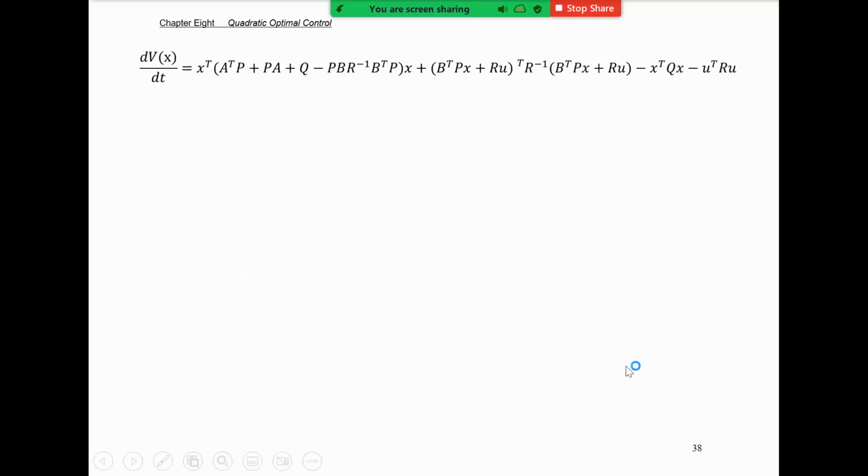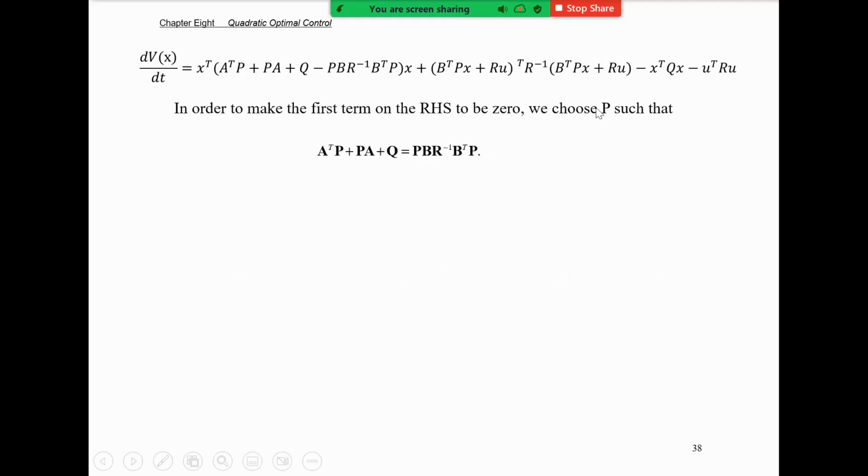All right, now we move on to the next step. Just follow what we did for the scalar case. We will first try to make the first term on this right-hand side 0, which means I have to find a P such that this whole thing equals 0.